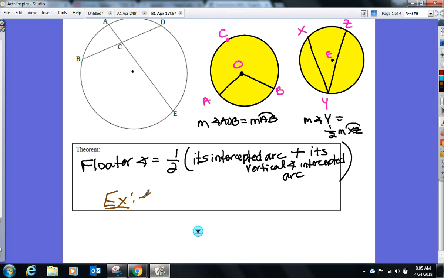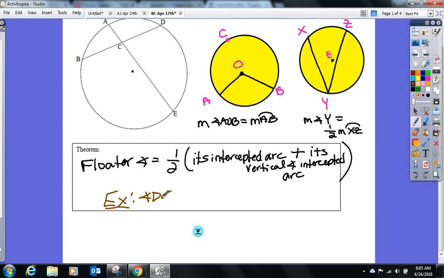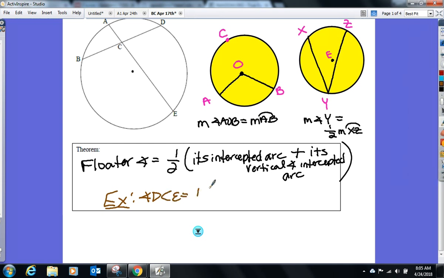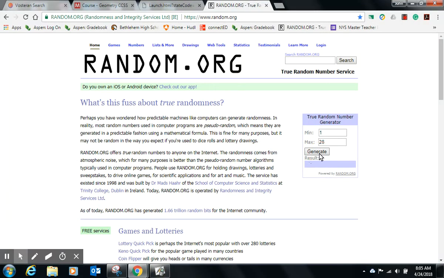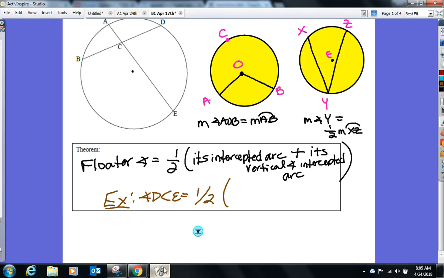DCE, love it. Angle DCE, everyone. Ready? Here's how I would find DCE. It's going to be half of, name its intercepted arc. What arc is created by angle DCE up here? Arc DE. So I'm going to take the measure of arc DE, and add its vertical angle's arc to it.